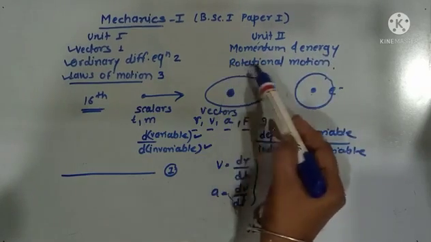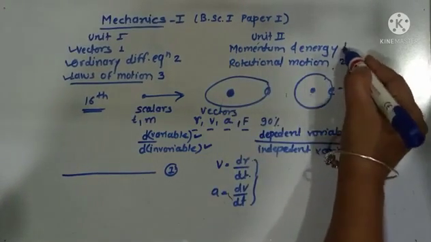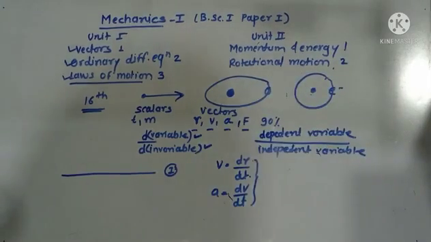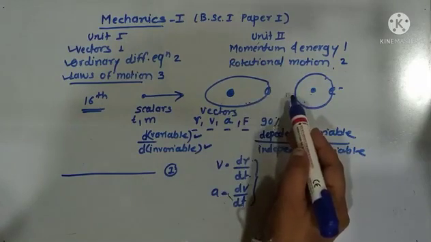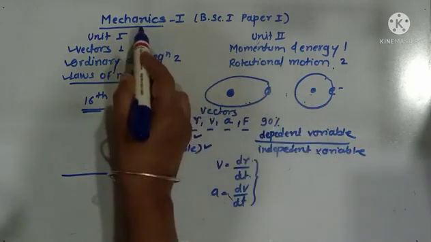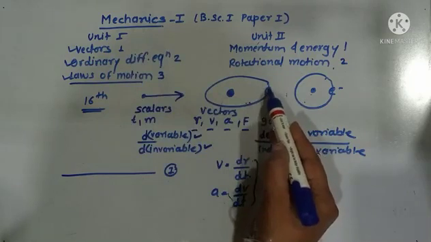And finally, the second part of unit 2 is the rotational motion. The rotational motion covers almost 70 to 80% of mechanics.